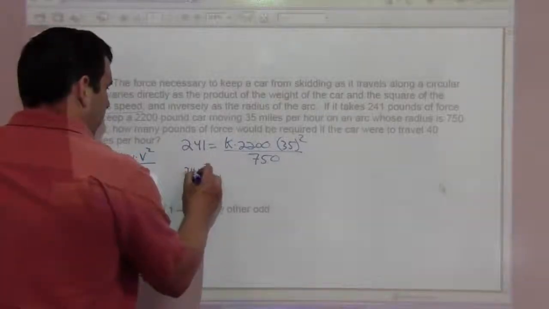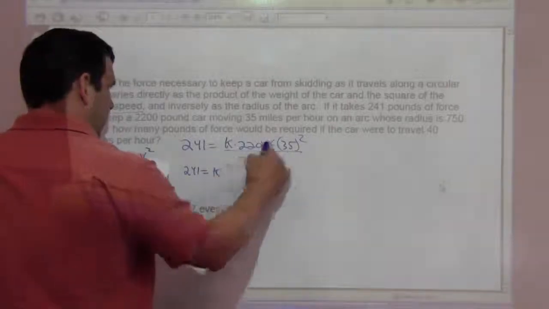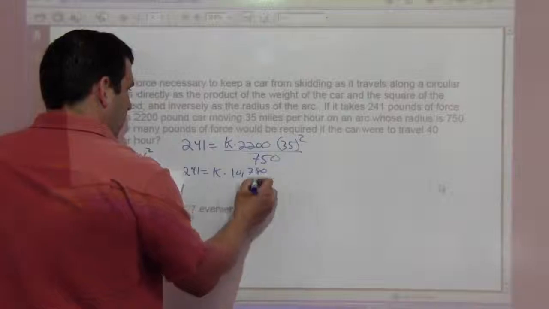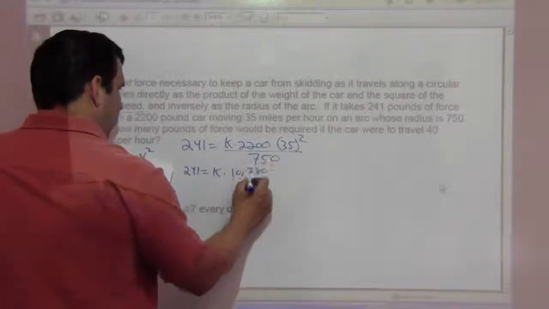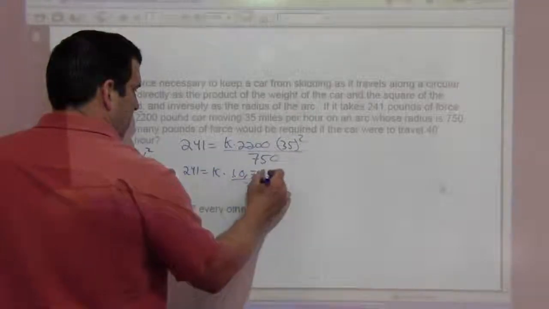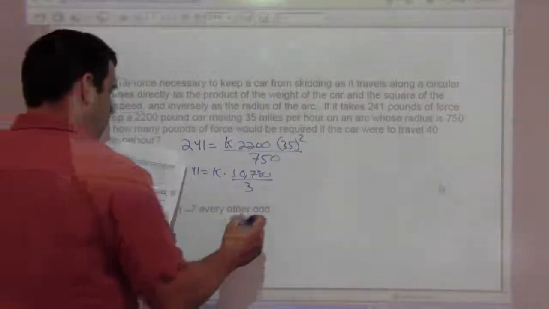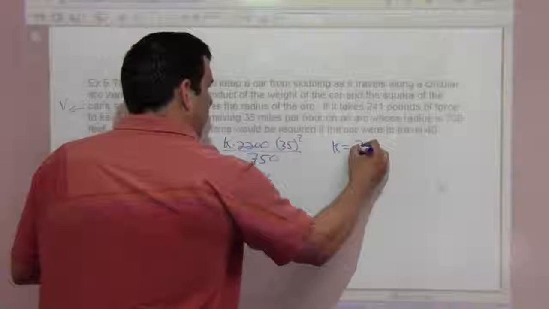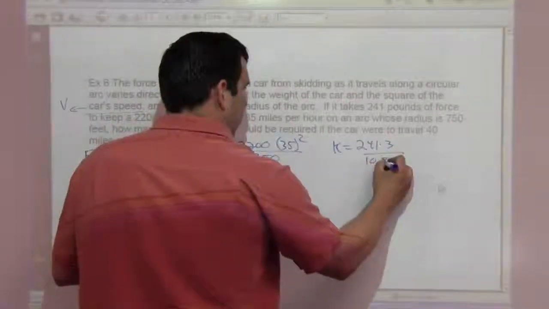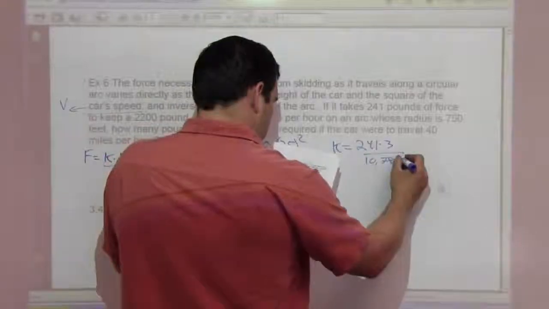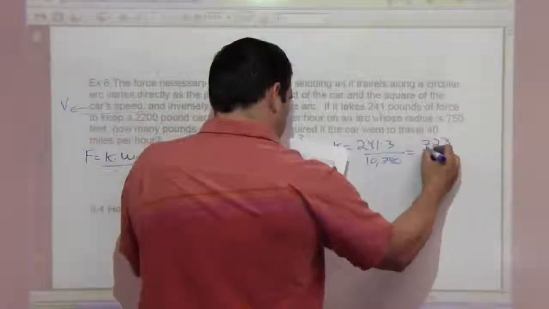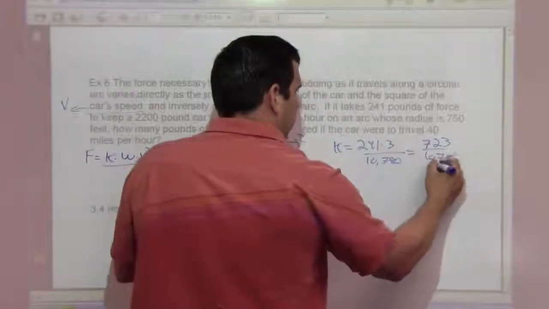That's going to be 241 equals k times this product on top is 10,780 over, this whole thing reduces to 10,780 over 3, I should say. So k is going to be 241 times 3 over 10,780. And that's going to end up being 723 over 10,780.